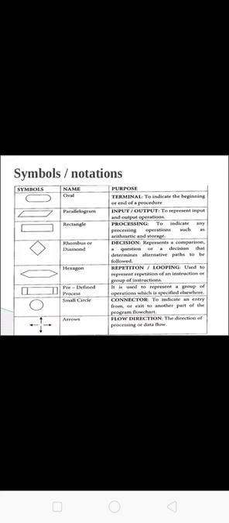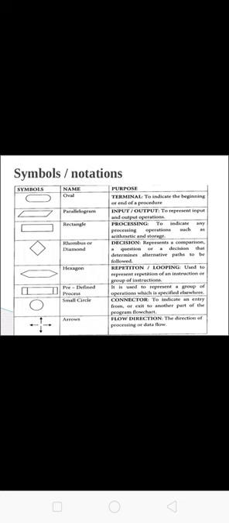Next, there are some symbols or notations used to write the flowchart. They are symbol, name, and purpose. First one is oval. Oval is used to indicate the beginning and end of the procedure, that is, start and stop.